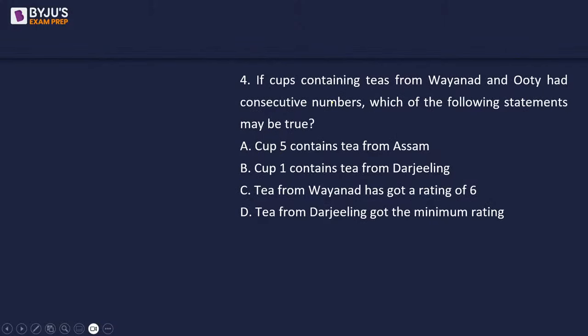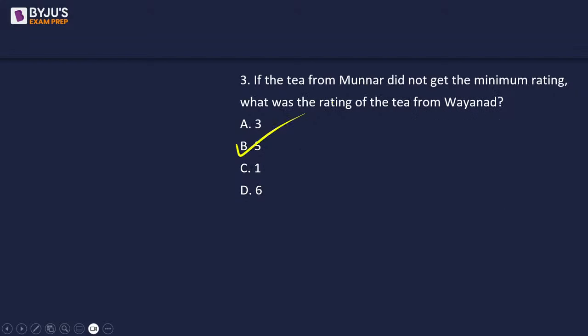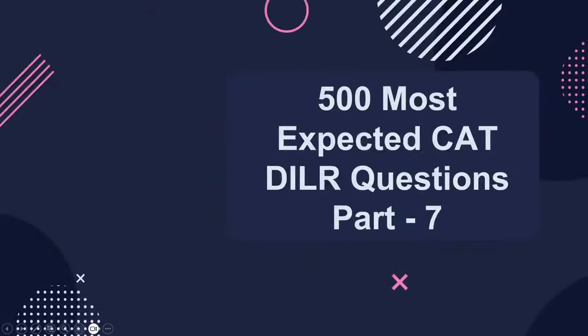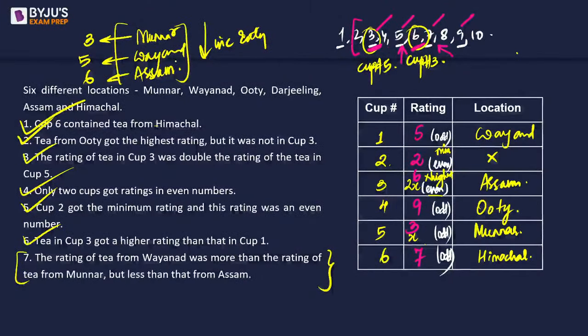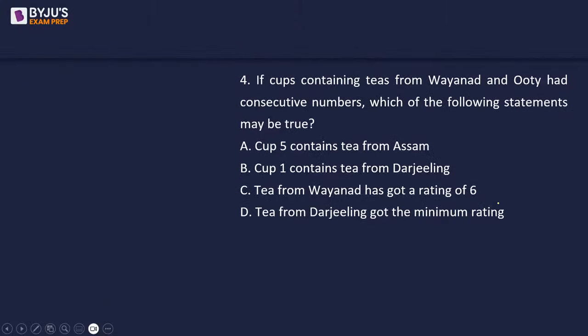If cups containing teas from Wayanad and Ooty had consecutive numbers. Okay, so we need tea from Wayanad and Ooty having consecutive numbers. So we will have to erase whatever we wrote before. Hold on, does it say Wayanad and Ooty? Okay, cup containing teas, it's not rating.